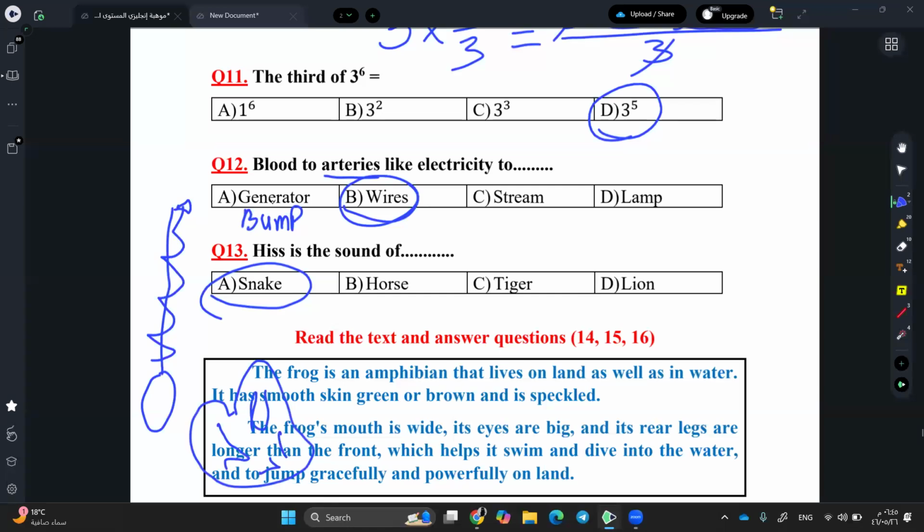This is just a sketch. So here's the heart with the 4 chambers, and here's the blood or the artery. And then the blood is going to move on the artery. So generator like a heart, but wire like an artery, and electricity like the blood. I hope you understand.